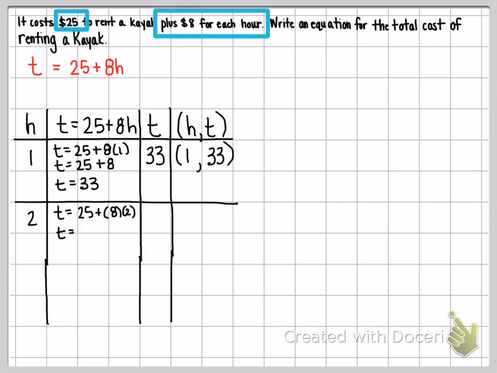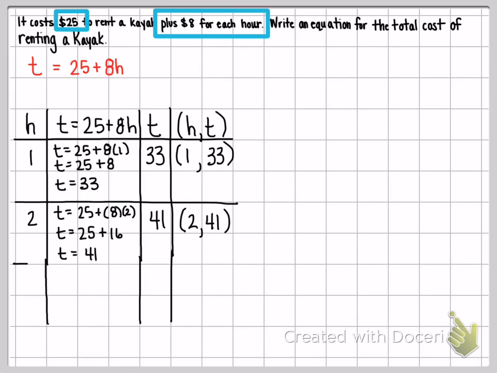So T equals 25 plus 16, and 25 plus 16 is 41. So for 2 hours, it's going to cost you $41.